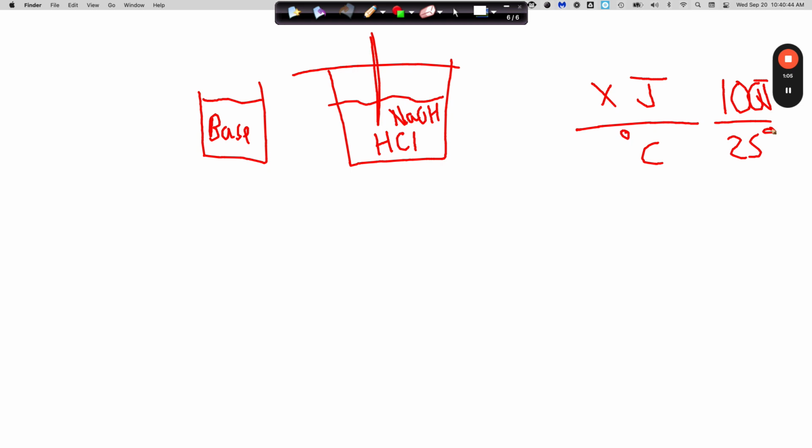So now, guys, the idea is this. I would encourage you to write this down. In a perfect world, the Q lost by the hot water will be equal to the Q gained by the cold water.